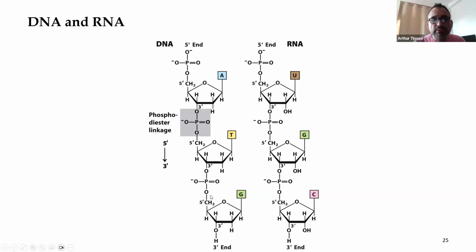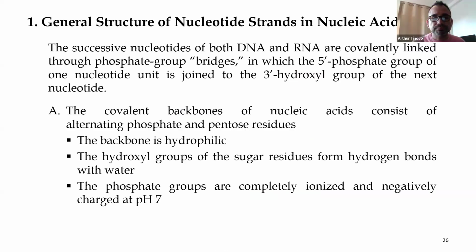And then we go all the way in the direction of the 3' end. The 3' end is essentially where this group here has no actual phosphate connection. It's just this OH group here. So that is the typical pattern that you read a nucleic acid, the 5' end to the 3' end.